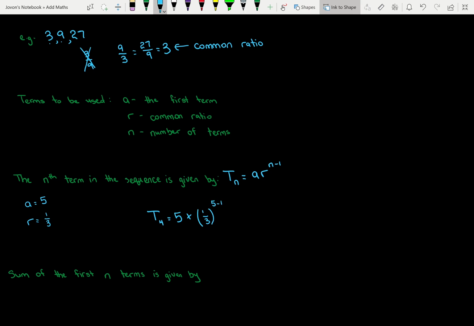So 3 by 3 is 9, 9 by 3 is 27, 27 times 3 is 81. So what we'll get is 5 over 81 as the fourth term.